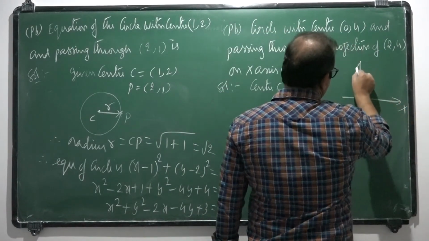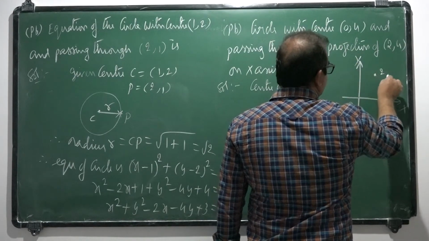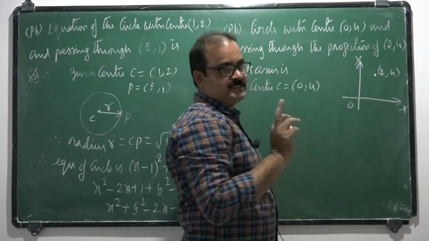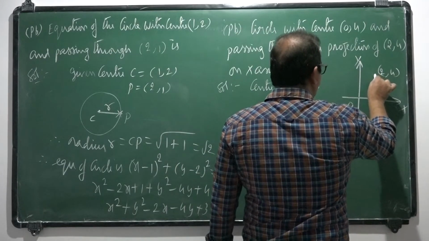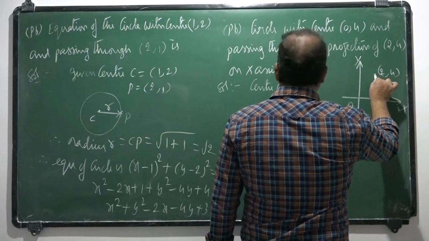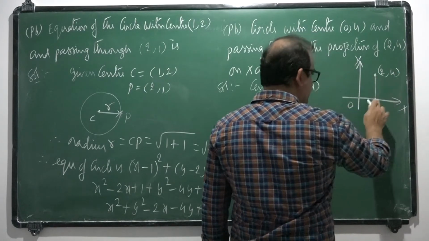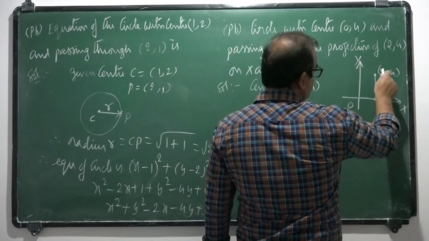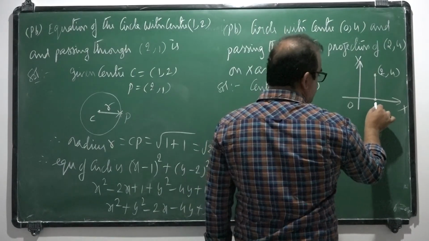It is the x-axis, and the y-axis is opposite. What is the point here? (2, 4). Projection means perpendicular. If we draw a perpendicular from this point on the x-axis, then this point is the projection.